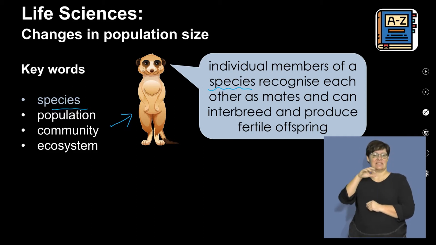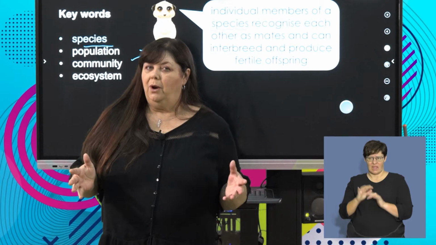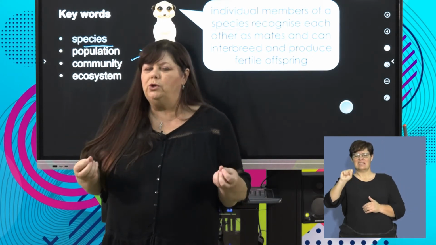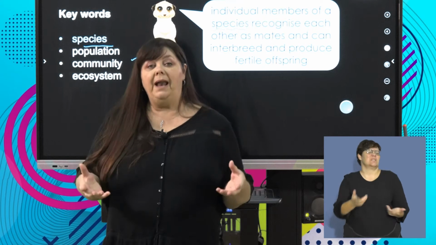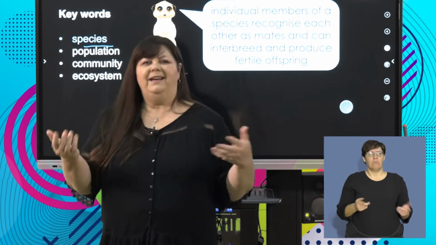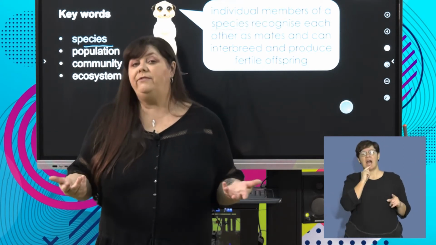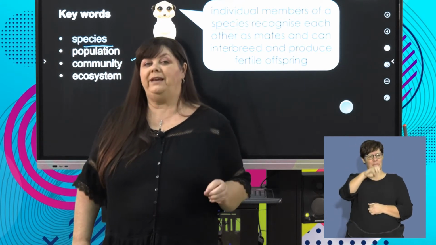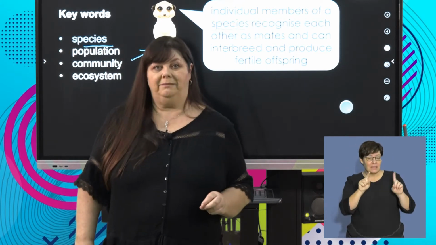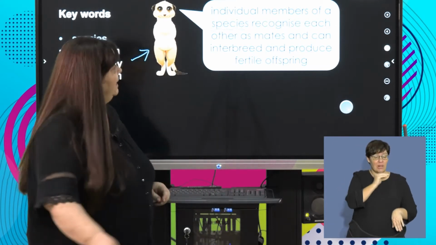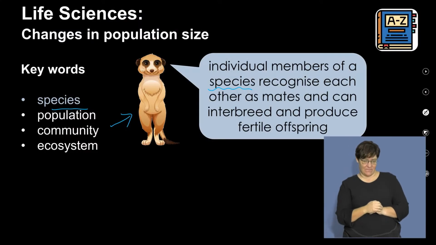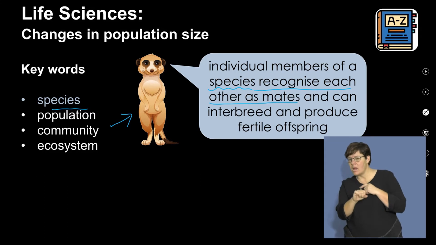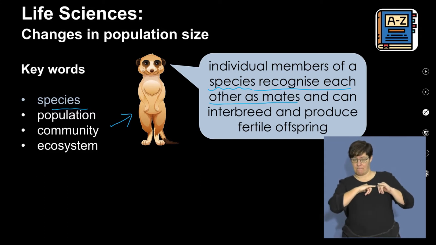Now, how do we know what a species means? What does this word species imply? Because we use it very freely in our everyday language, but it has a very specific biological meaning. So what do we mean? First of all, they must be able to recognize each other as mates.